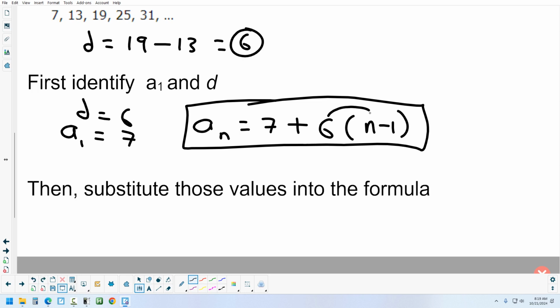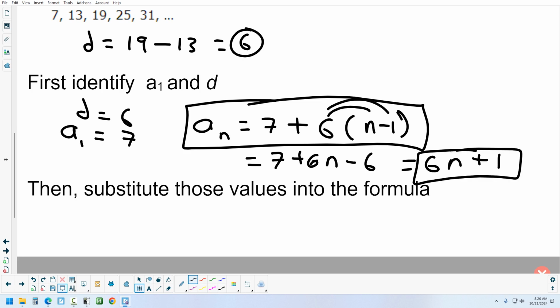Yep, you'd have to distribute it if they ask you to simplify. What's 6 times n give me? 6n. And what about 6 times negative 1? Negative 6. So if I fully simplified that, I get 6n. And what's 7 minus 6? Plus 1. That's a positive 1.